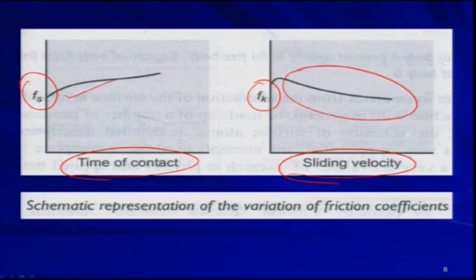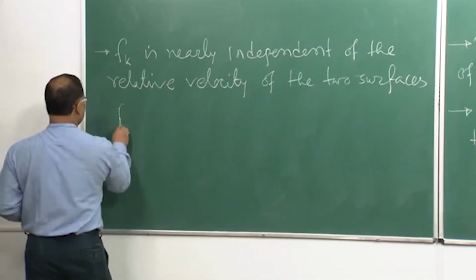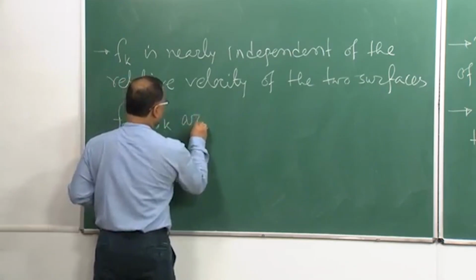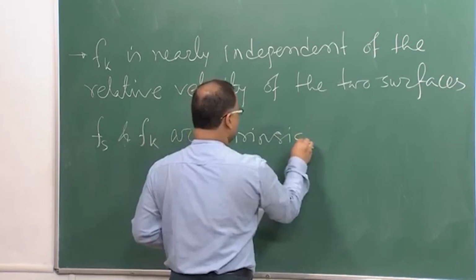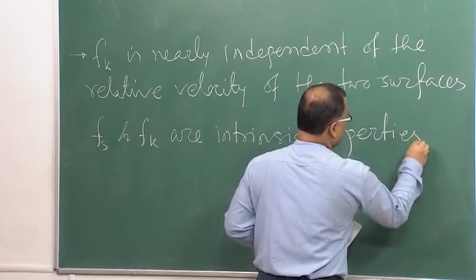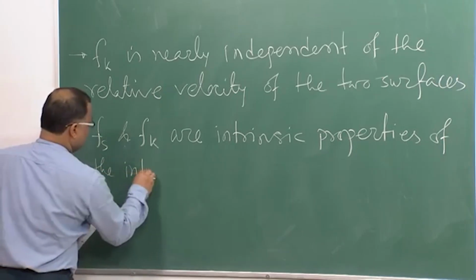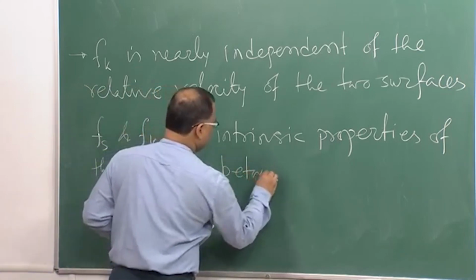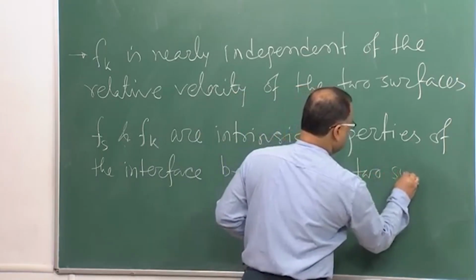Okay. Fine. So, now we can say Fs and Fk are intrinsic properties of the interface between the two surfaces.